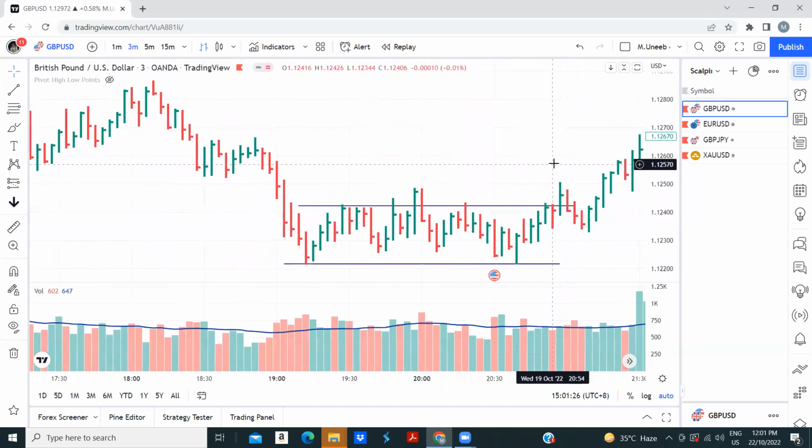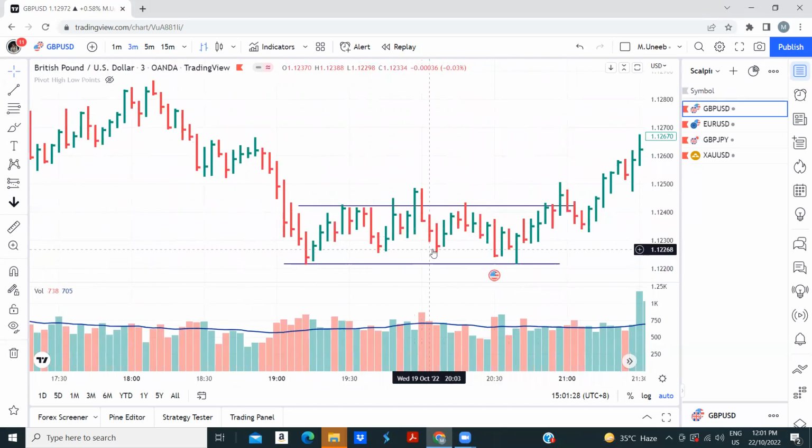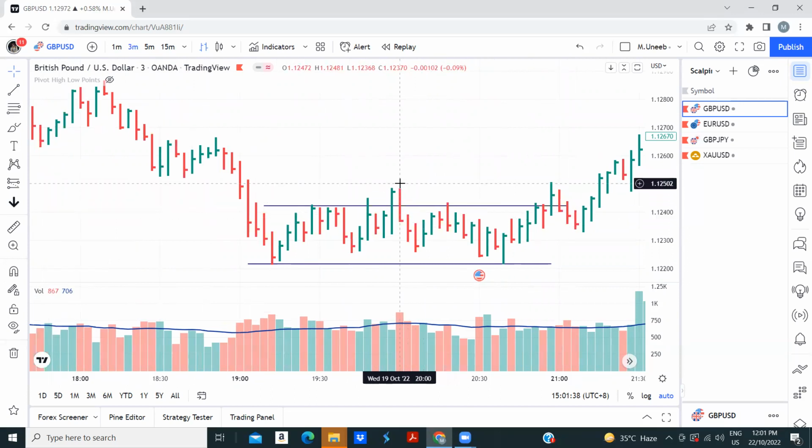This one here. This is the point where New York opens. Got it? Very short term. So what will you do? Will you take this trade?